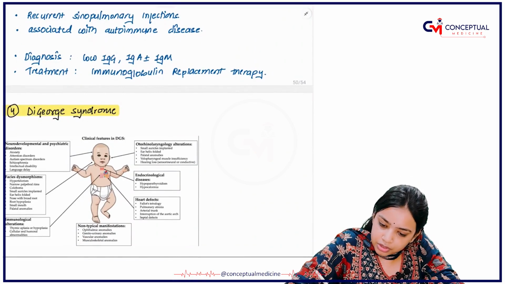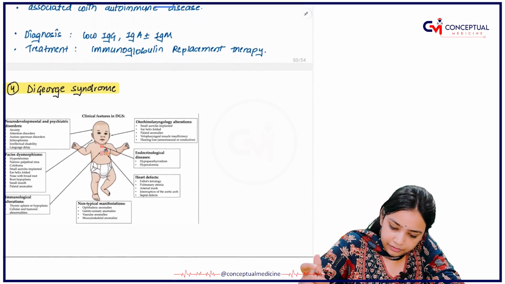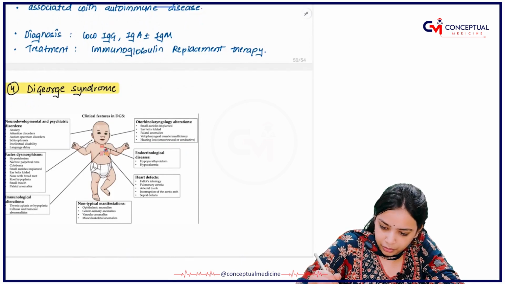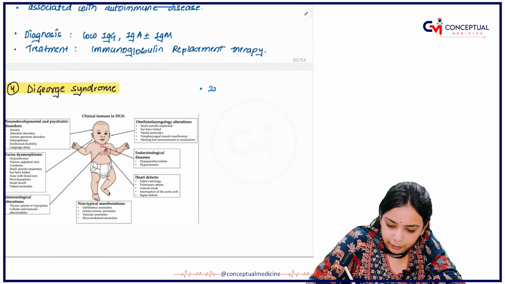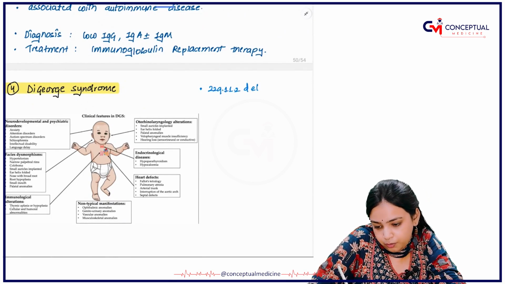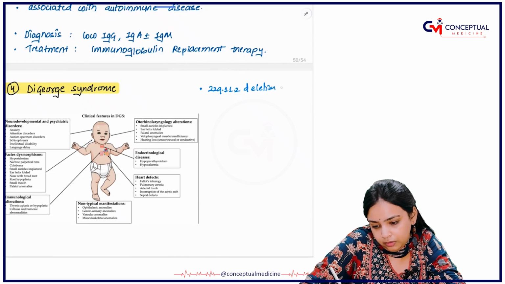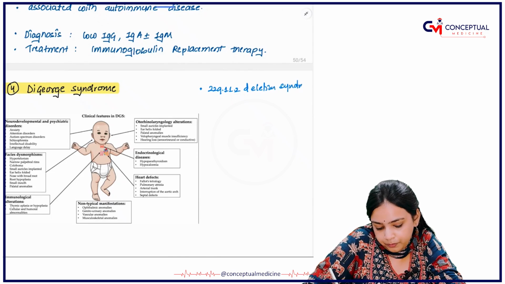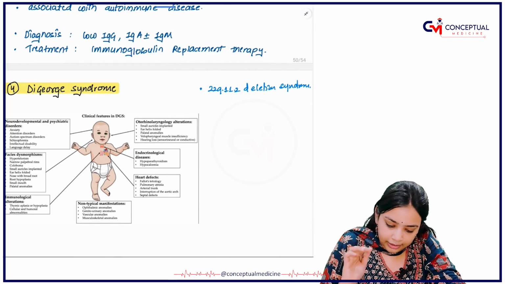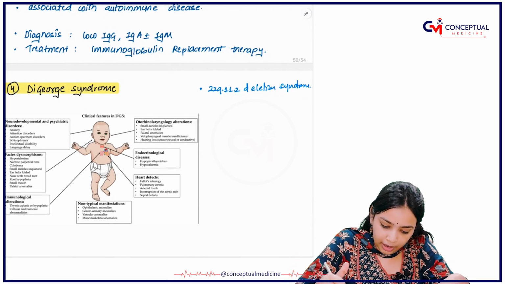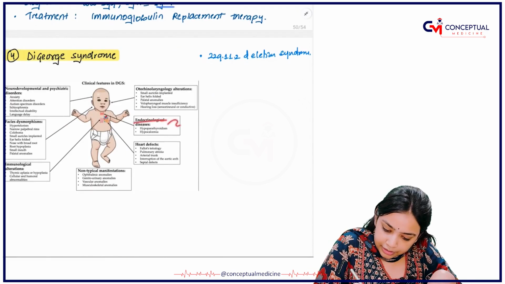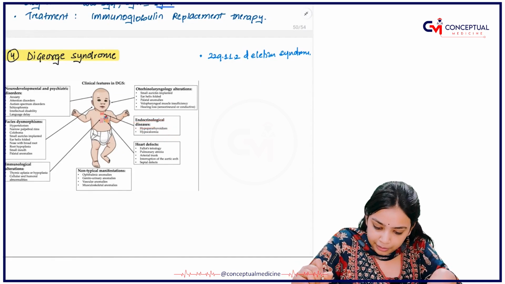And in the DiGeorge syndrome, before starting with the clinical features, let me just write down something for you. In the DiGeorge syndrome, it is also known as the 22q11.2 deletion syndrome. Okay, deletion syndrome. Next, in the clinical features you have the endocrine disease, that is the hypoparathyroidism and the hypocalcemia.